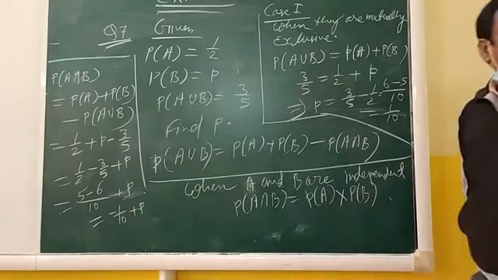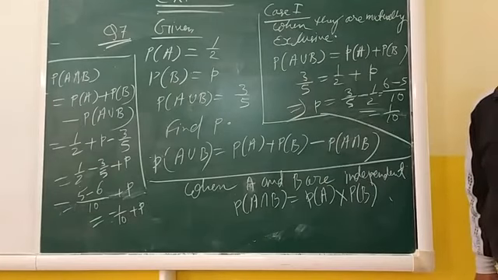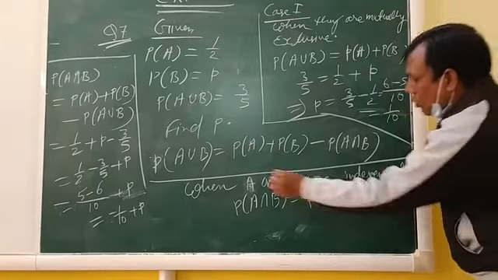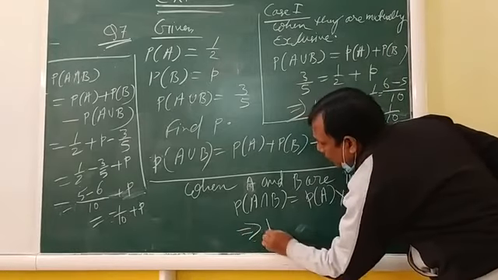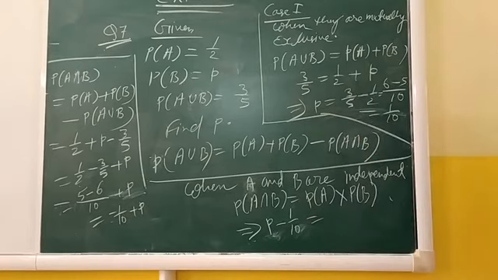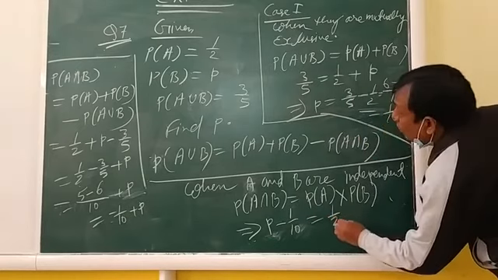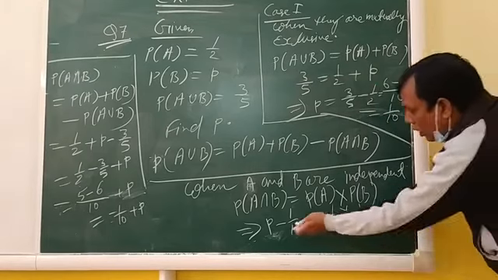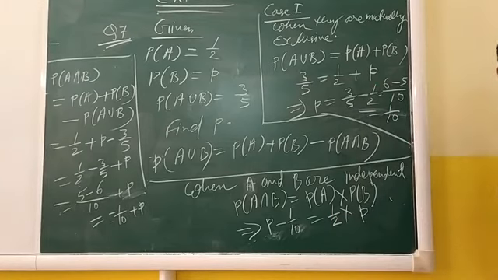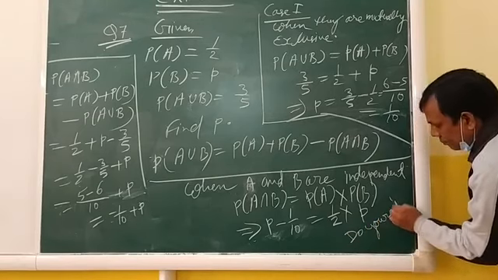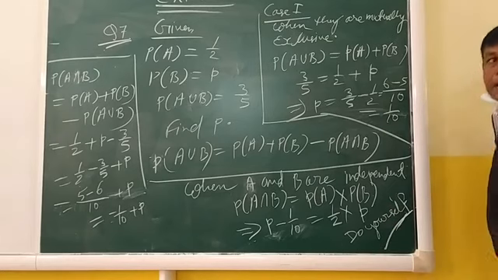Got it or not? Any doubts? Now we have to put this value: p minus 1 by 10 equal to P(A) into P(B), that is 1 by 2 into p. Now you solve yourself and find the value of p. So here I am writing, do it yourself. Okay? See you.